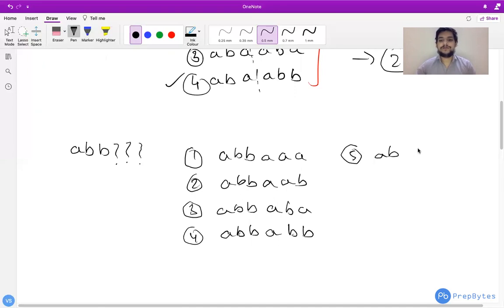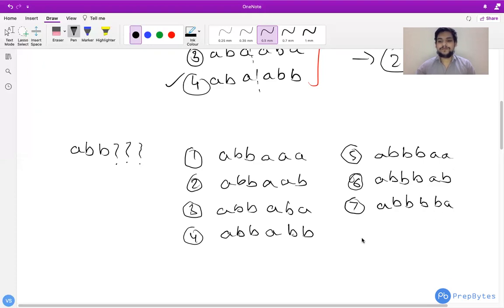When we draw fifth, this time we are including B A. Sixth, we are including A B B B A B. Seventh, A B B B B A.